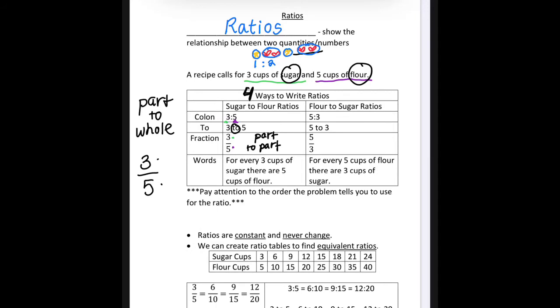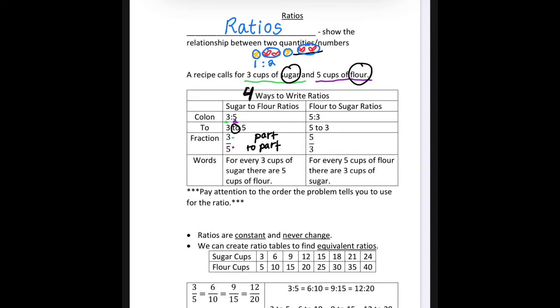The whole is 5. Fractions are usually used to represent part to whole comparisons, how many pieces out of the whole thing, but they can also represent ratios, in which case you might be comparing two different things that aren't related to each other, like sugar and flour.